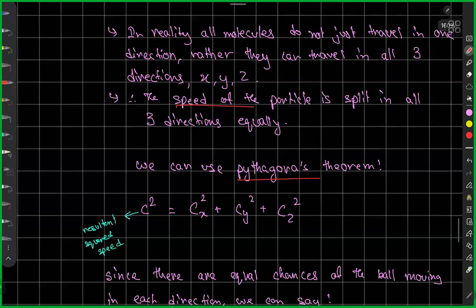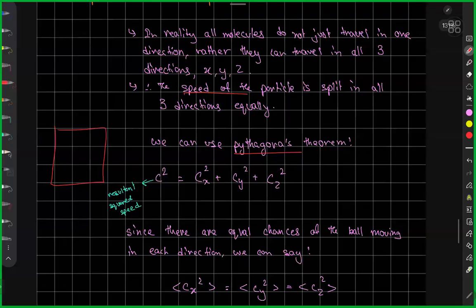So basically, when I have a box over here, any system, and I have particles, the particle can travel, if I take this as the x direction, this as the z direction, and this as the y direction.